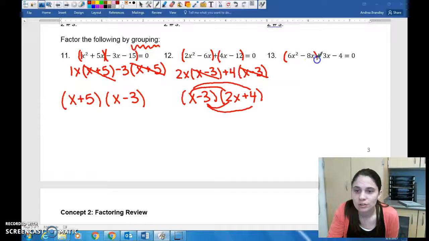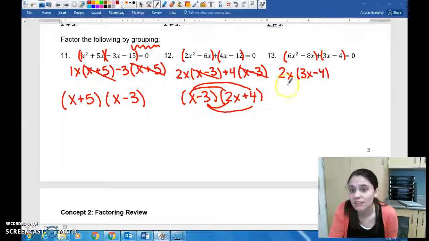So I'm going to group these two terms, group these two terms. So on this side I can factor out a 2x, and I'm left with 3x minus 4. And on this side, the only thing I can factor out is a 1. But like I mentioned on number 11, in this case, that is something you want to do.